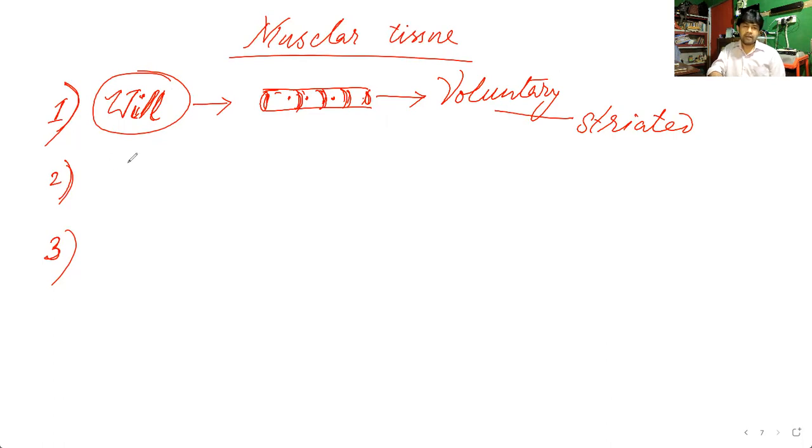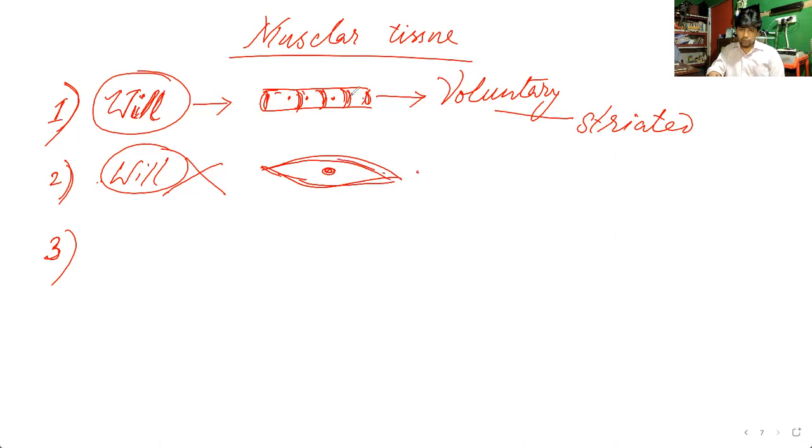Secondly, another type of muscular tissue we have cannot be controlled by our will. With our willpower, we cannot control them. They do not have these stripes in them, and their shape is like a spindle. They have only one nucleus in them.